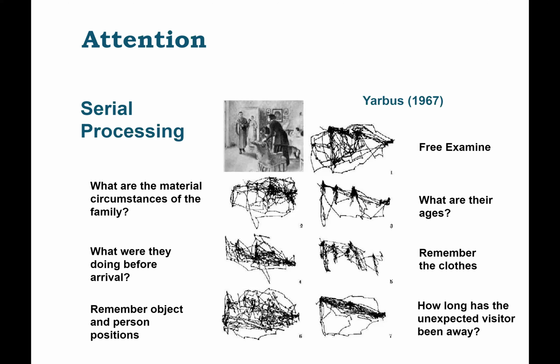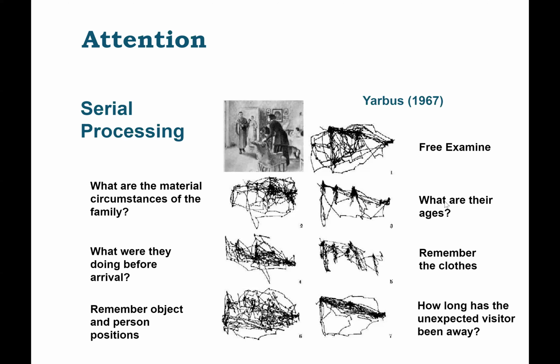So this is the eye movement of the people. The people are looking at this image in order to answer certain questions, and where they're looking in the image is recorded. You could have people freely examine the picture, just looking around, seeing what this picture is about.